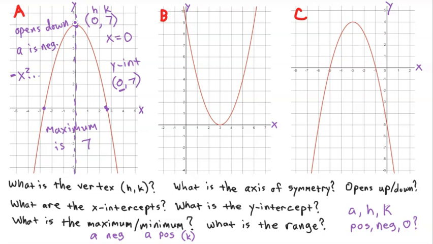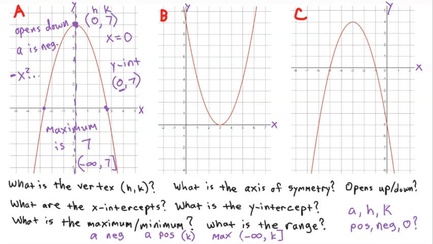And so the range, if there's a maximum, then it's going to start at negative infinity, and it's going to go up to whatever K is, and we're going to put a bracket, okay? So the range is parenthesis, negative infinity, up to 7, because that's what K is, and close it off, okay? We're done with A. Let's move on to B.